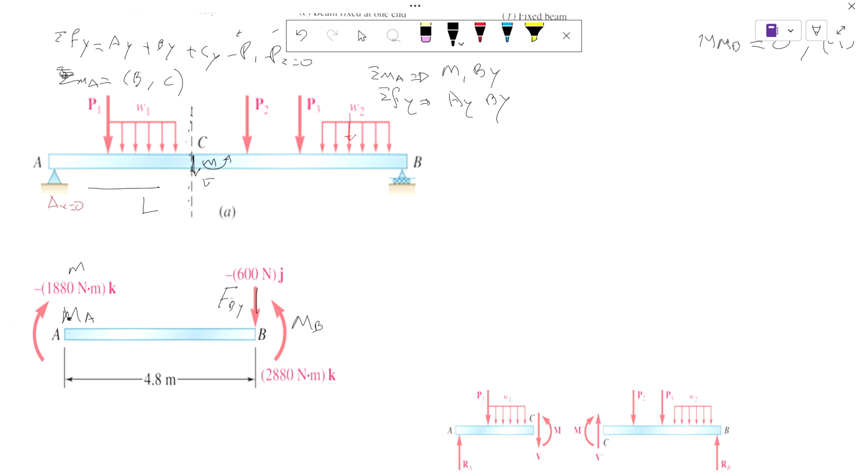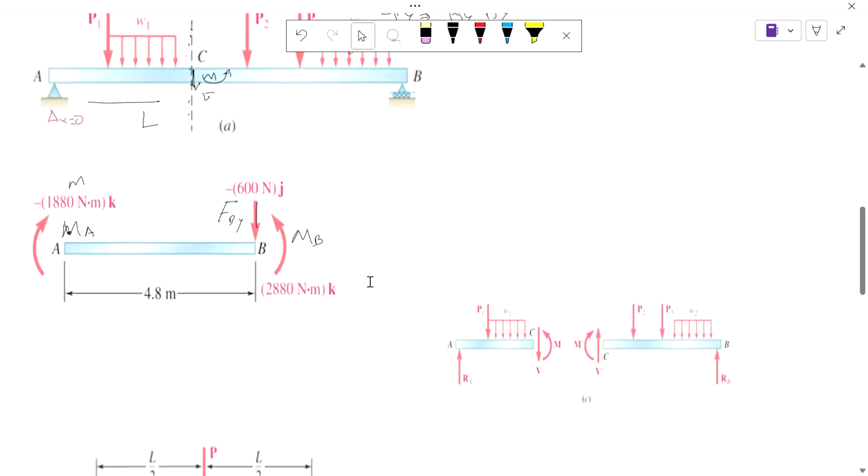Because in order to cut this section, you have to analyze what that force is doing to the rest of the system. That force is actually creating a moment with respect to A, and this force A is creating a moment with respect to B. So usually they're going to ask you to find that, but in this example, they're basically giving you the values so that you start getting familiar with how that would work.